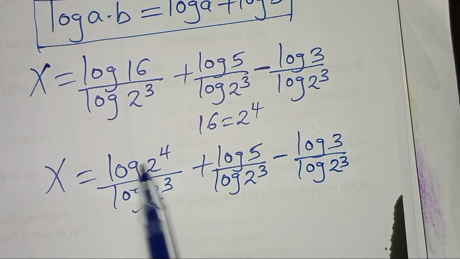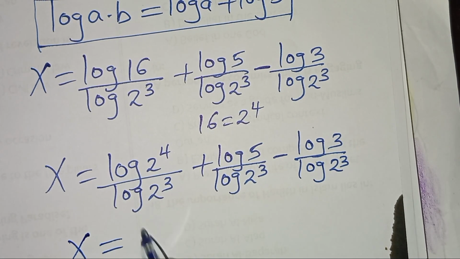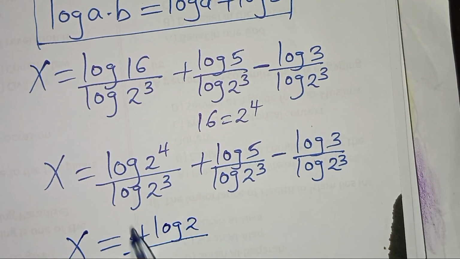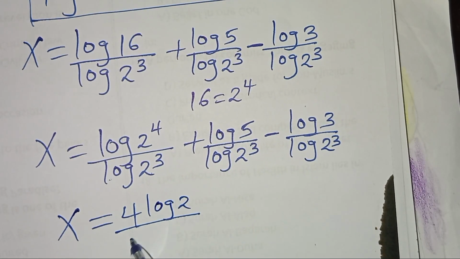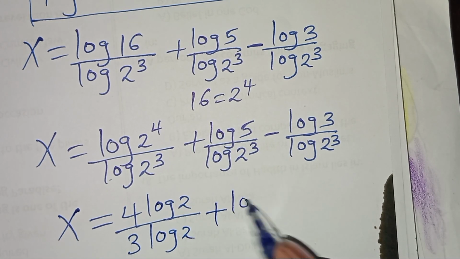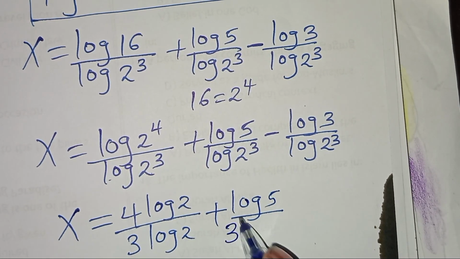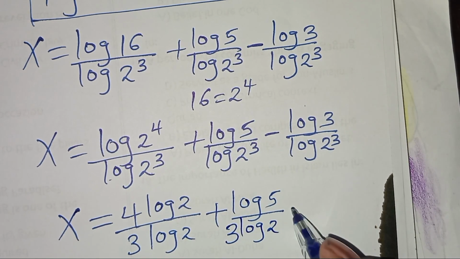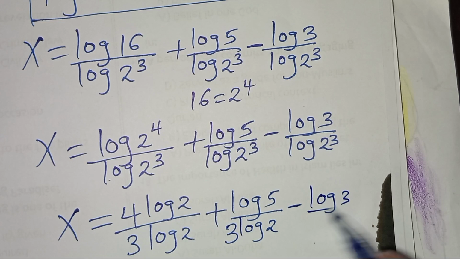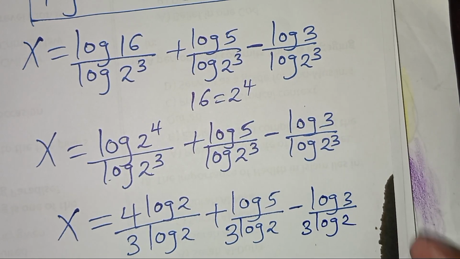Now applying the power rule property here, you find that log 2 to the power 4 becomes 4 log 2, log 2 to the power 3 becomes 3 log 2, and so on for each term.